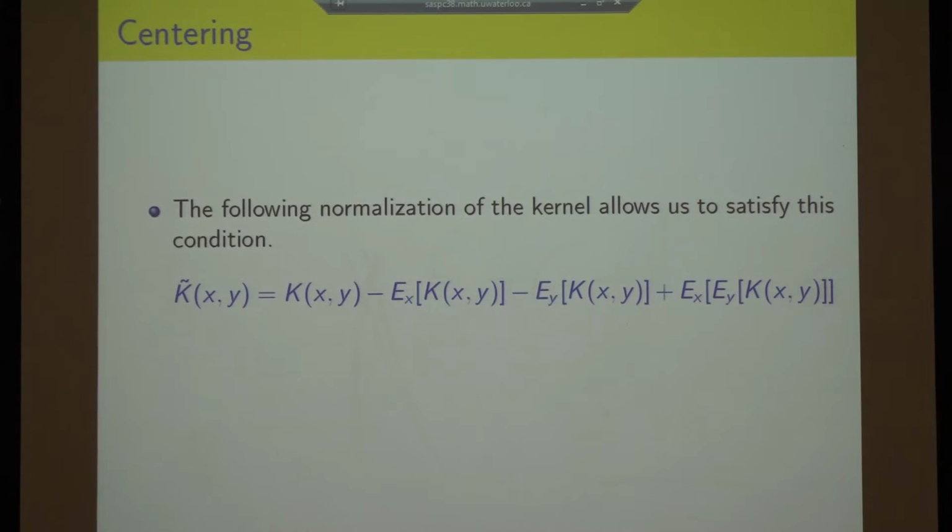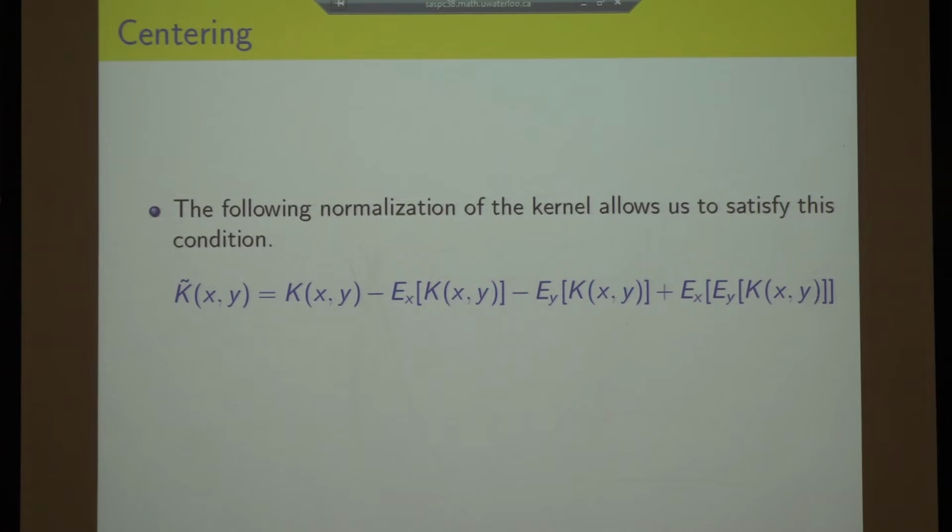Then take the average of all of the rows, subtract. Take the average of all of the columns, subtract. Take the average of columns and rows, add.